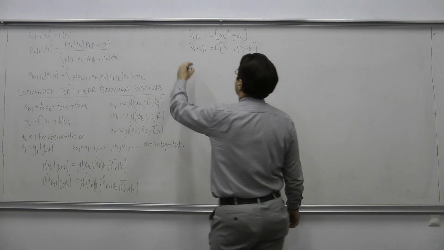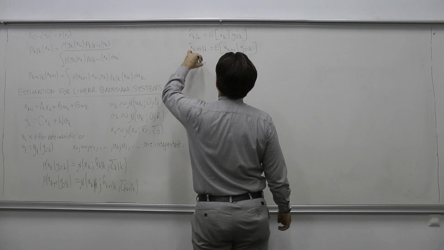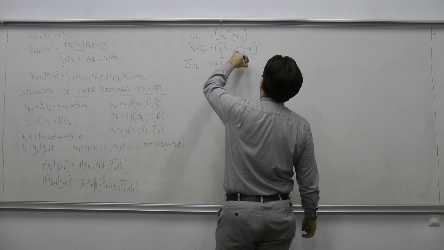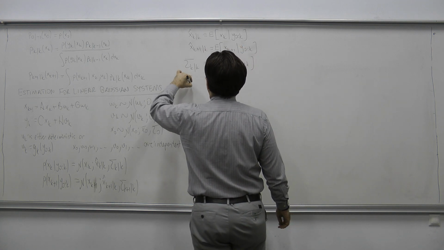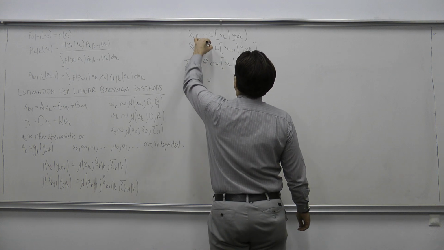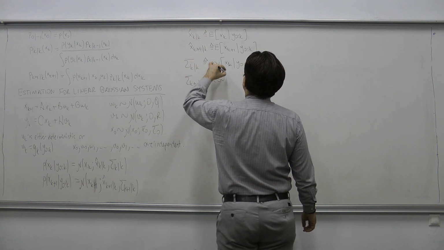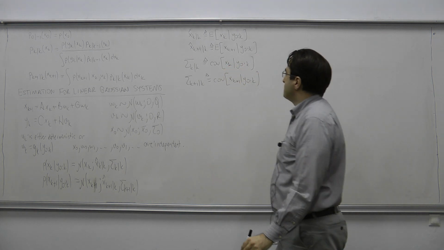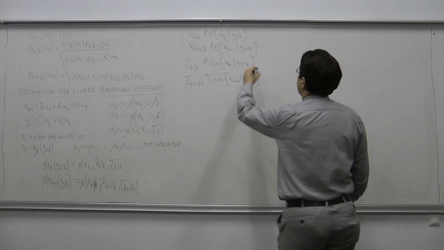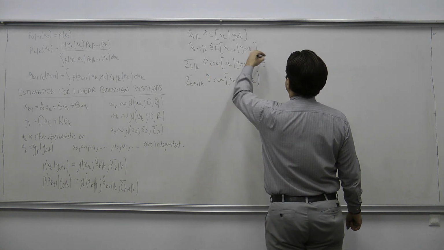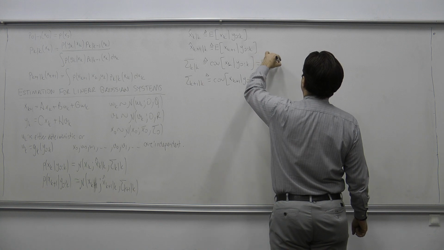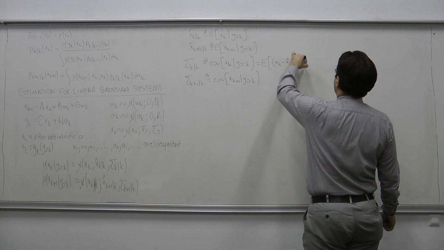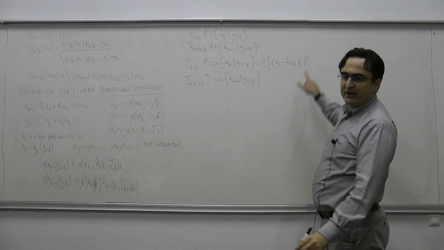And if I define the covariances, of course, sigma k given k is nothing but the covariance of xk given y 0 to k, and sigma k plus 1 given k is the covariance of xk plus 1 given y 0 to k, these are all definitions. Okay? And here I can actually write the definitions of these covariances: the expected value of xk minus xk given k hat here, and I will multiply the same quantity transpose.